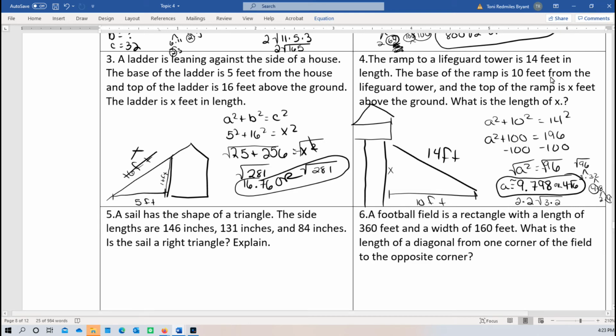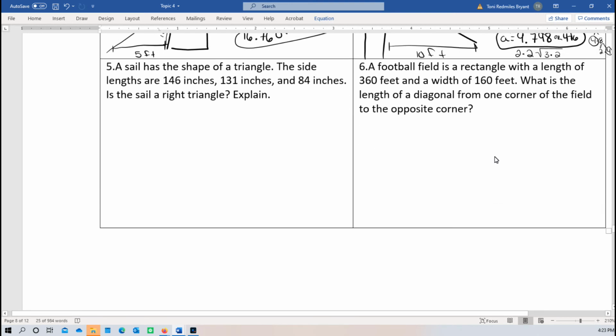All right. A sail has a shape of a triangle. The side lengths are, oh, it gives us all of them. 146, which is the longest, so it goes here. We'll put 131 down here and 84 here, and it wants to know if this is right. All right.